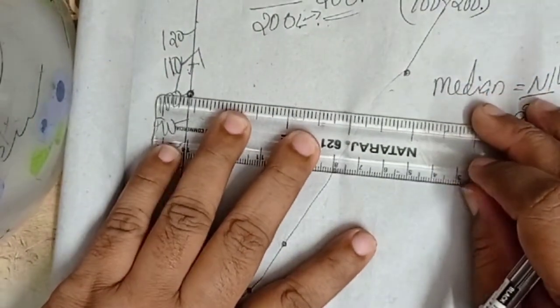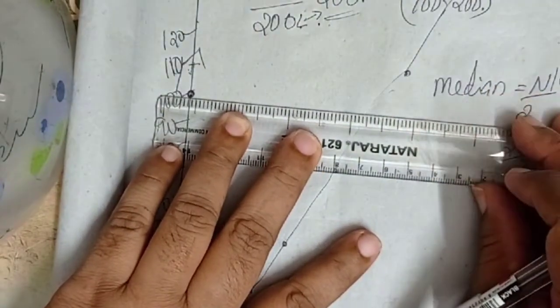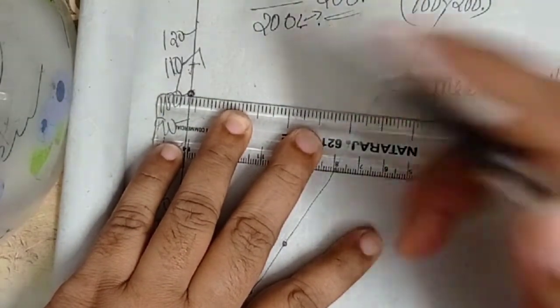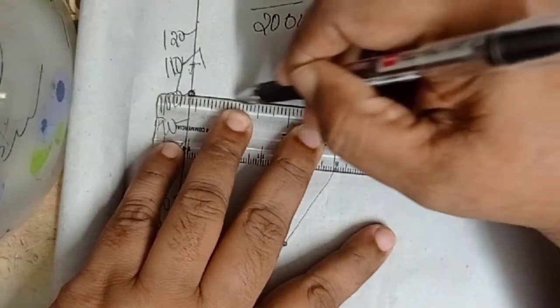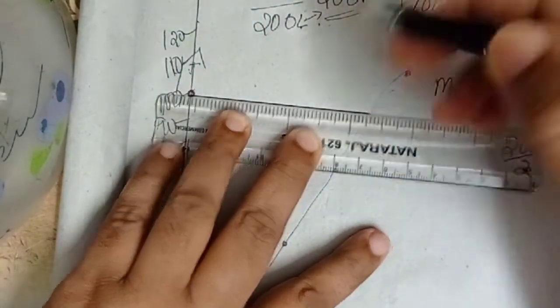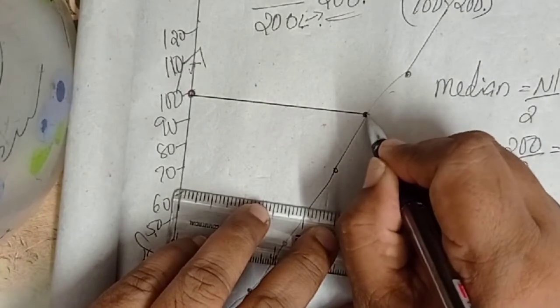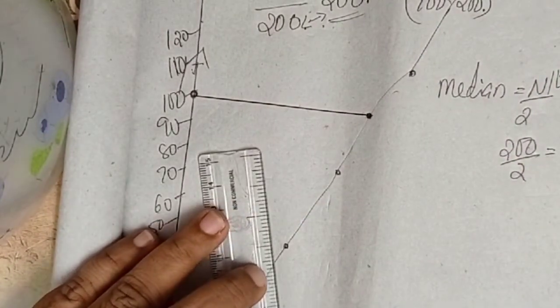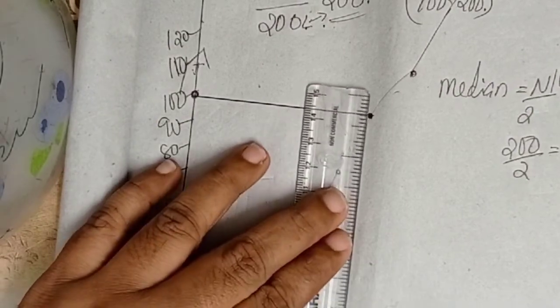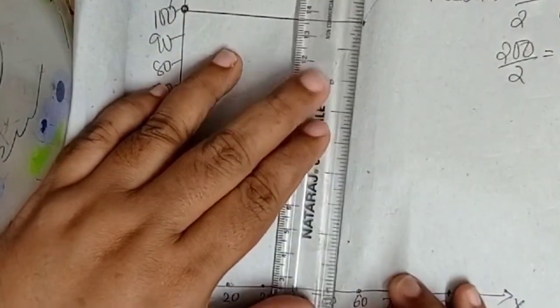Then what's the next step? I already explained how to draw the median. From 100, draw a horizontal line, a line parallel to the x-axis. That line will touch your ogive at a particular point. Then draw a vertical line.